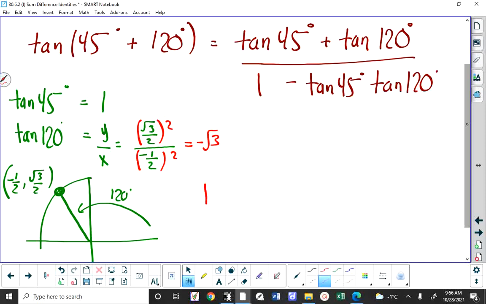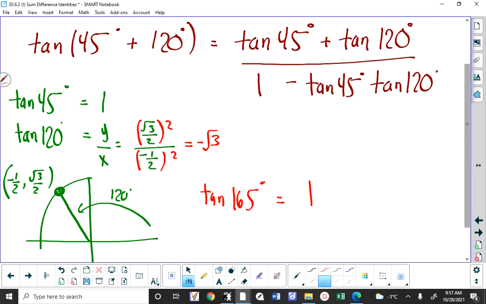Tan of 120 will be equal to tan of 45 plus tan of 165, which is what we're finding, 45 plus 120.